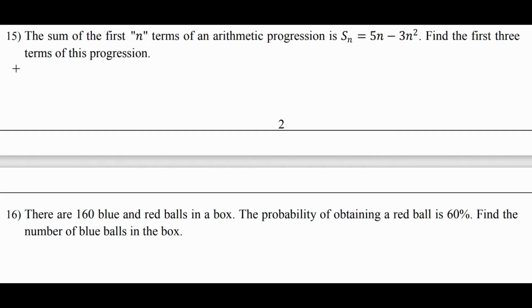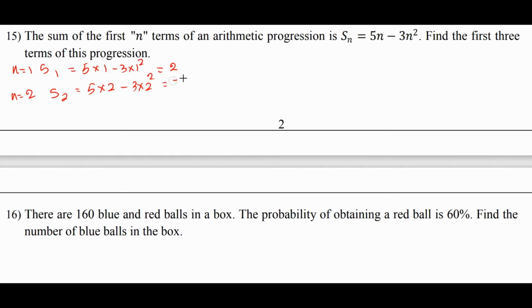Right, first of all, I am substituting n equals 1. n equals 1 means S1. S1 should be equal to 5 into 1 minus 3 into 1 squared. This should be 2. When I am substituting n equals 2, S2 should be 5 into 2 minus 3 into 2 squared.